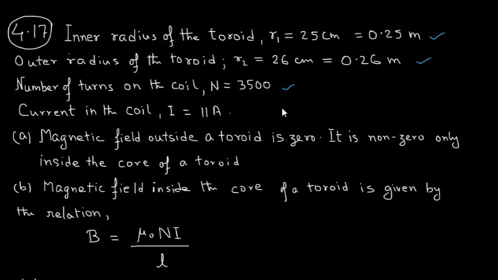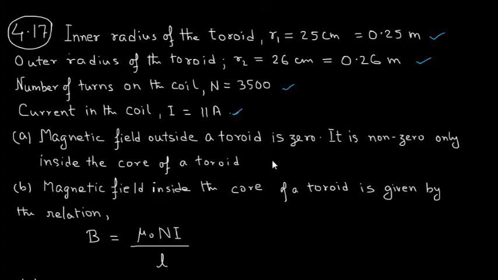Current in the toroid is equal to I is equal to 11 A.